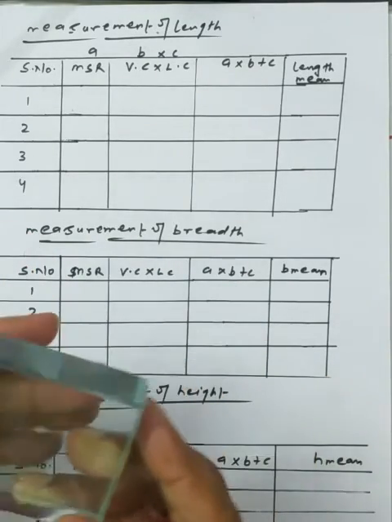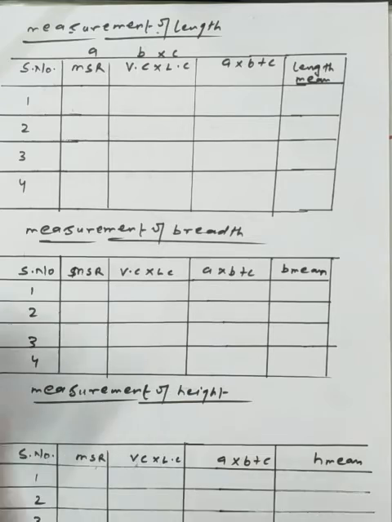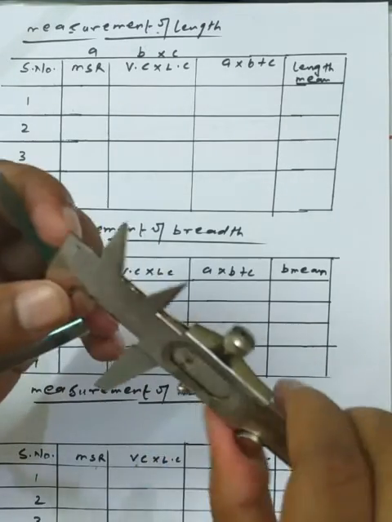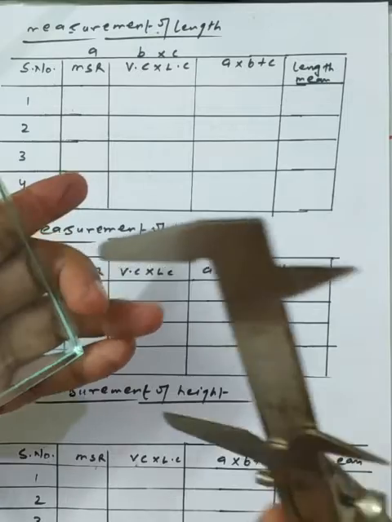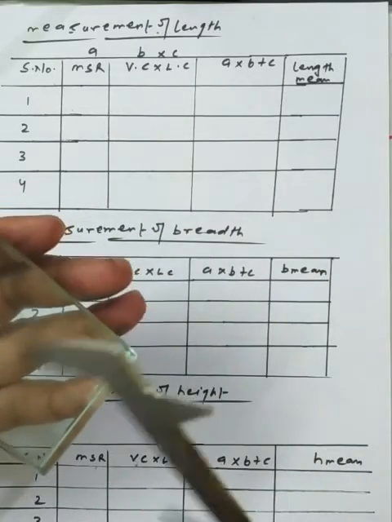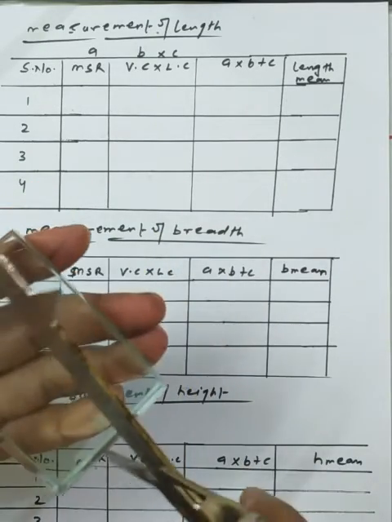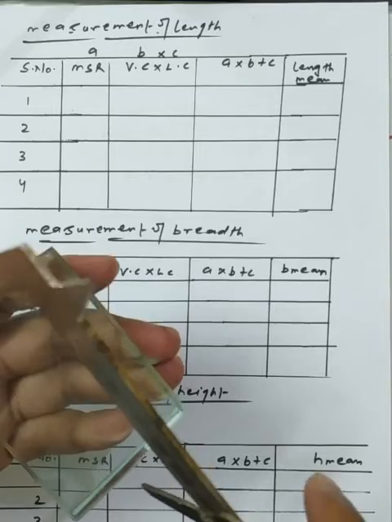Whenever we are measuring the length, how can we utilize the vernier calipers? I am expanding the jaws of the vernier calipers and putting the object between the jaws.